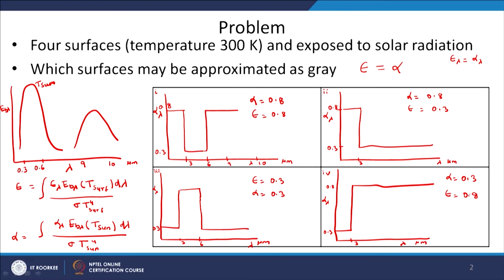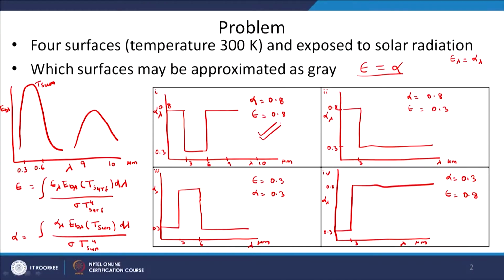From our definition of a gray surface, epsilon equal to alpha, total emittance should equal total absorptance. So surface 1 is gray and surface 3 is gray, while surface 2 is not gray because alpha is not equal to epsilon, and surface 4 is not gray because alpha is not equal to epsilon.